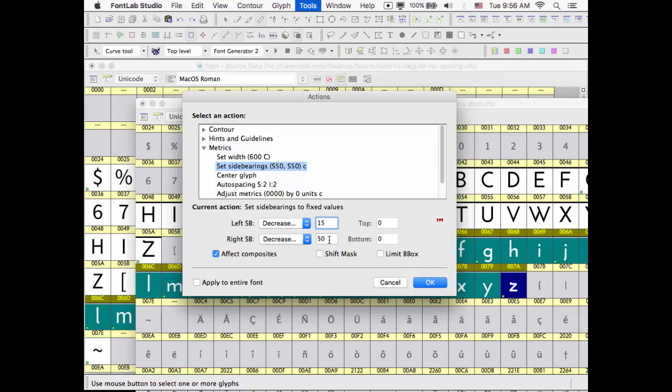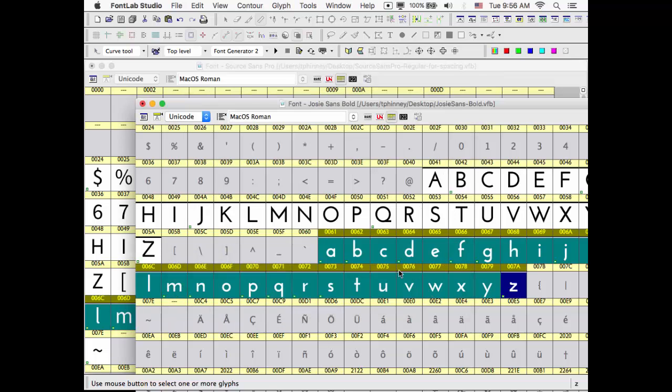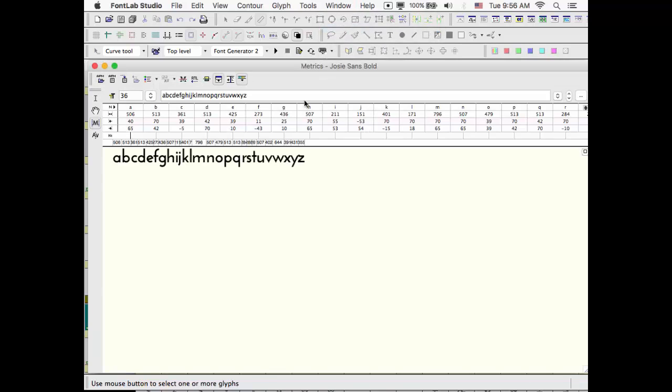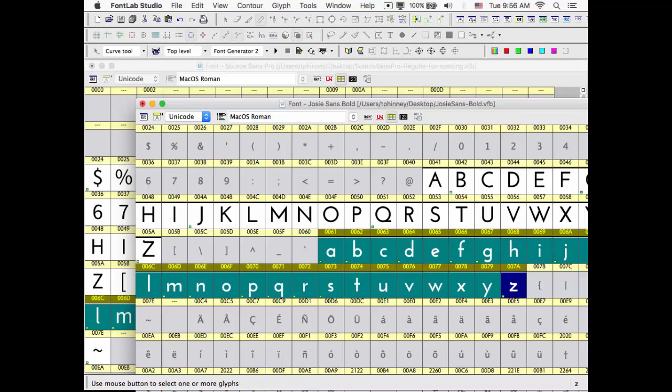I'm going to decrease the side bearings by 15 on both sides. Bang. And pull up the metrics window again. Oh, that's looking okay. It's looking a little tight on some of these letters, like V, W, X, Y, Z, but for most of them, I actually have a start on spacing.